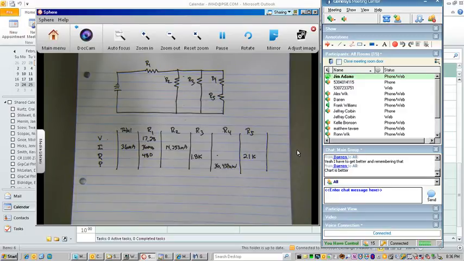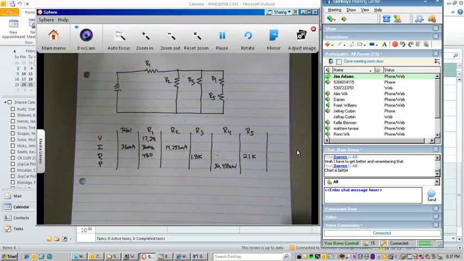Yep. All right. I think we're missing one more piece of information to solve this one. I don't think I gave us enough information.